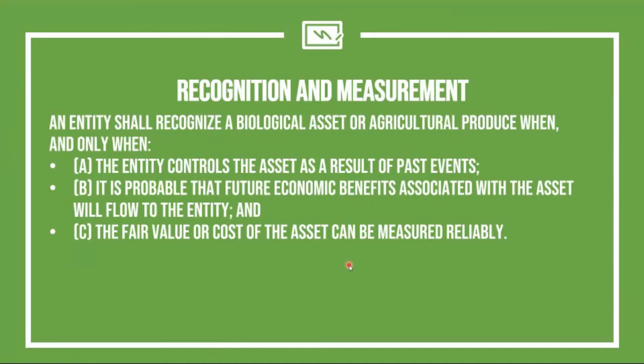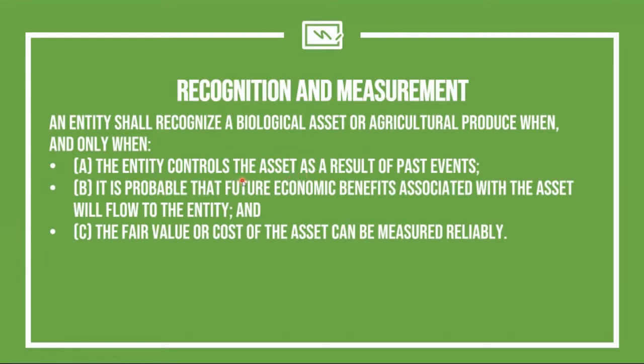So with that, we now proceed with recognition and measurement. As already discussed a while ago, the entity will recognize a biological asset if the three criteria are met. First, the entity controls the asset.